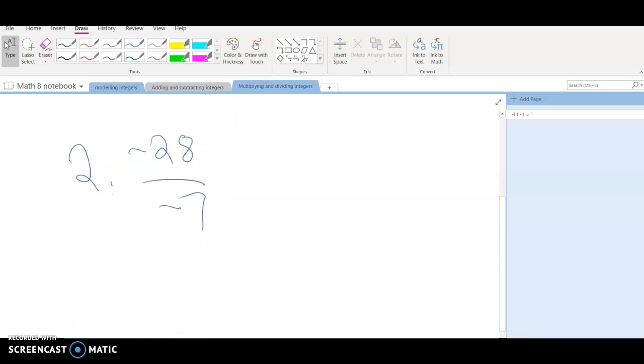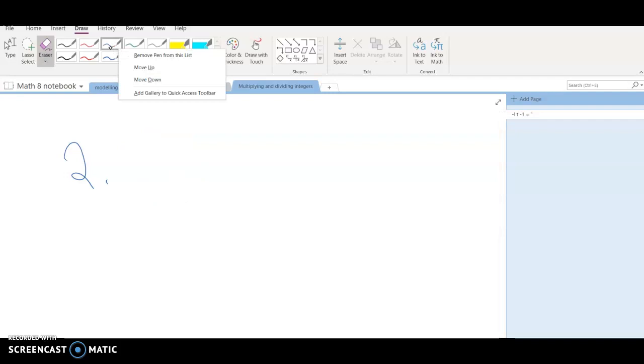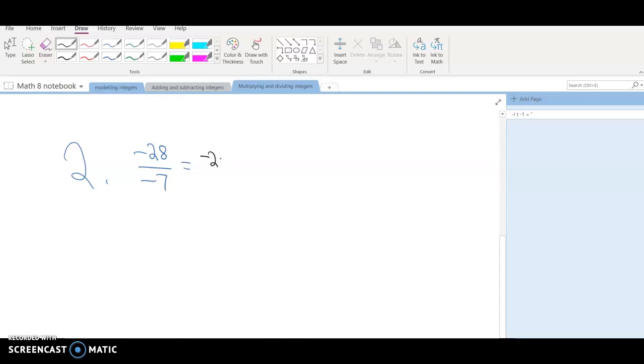Next question. Negative 28 over negative 7. This is really messy, let me just rewrite it. Negative 28 over negative 7 is the same as negative 28 divided by negative 7.